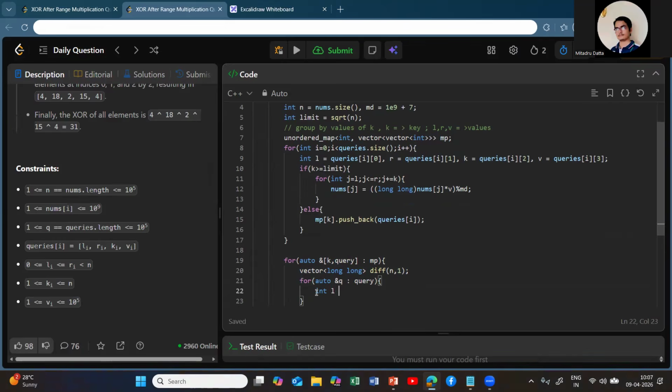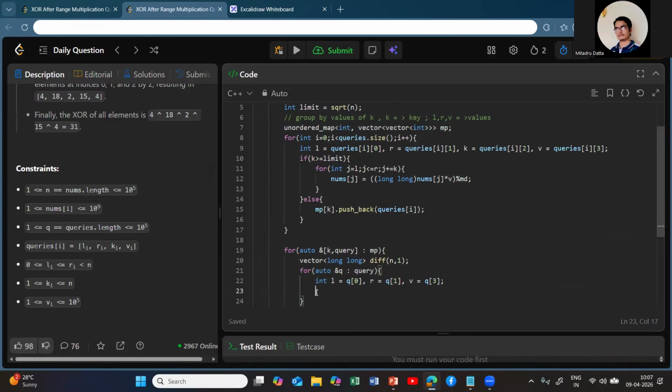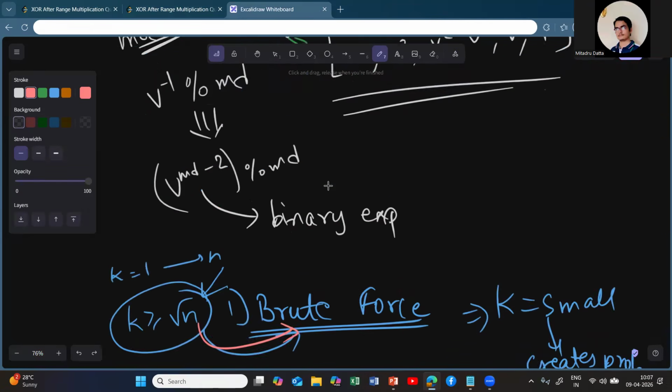At first I will extract the values of L, R, and everything. So L, R is nothing but Q of 1, and V is not Q of 2, it will be Q of 3. So L, R, V, we take it. Now we multiply the starting position first.